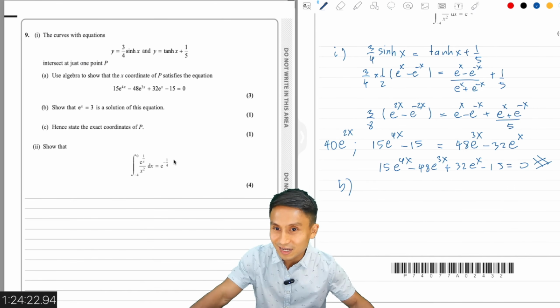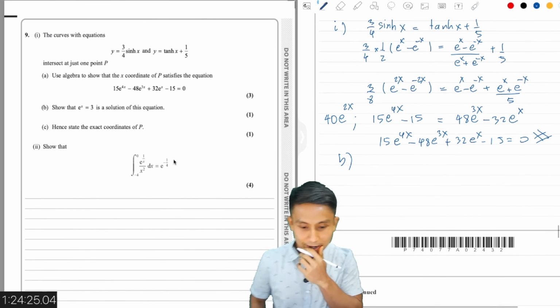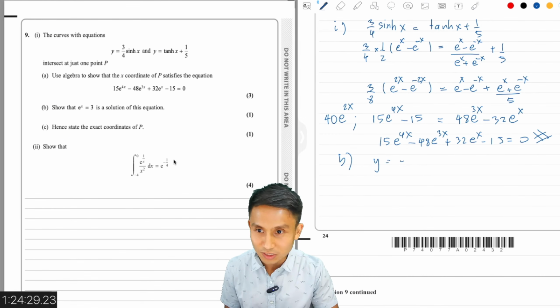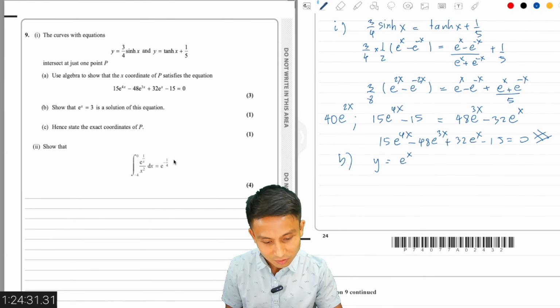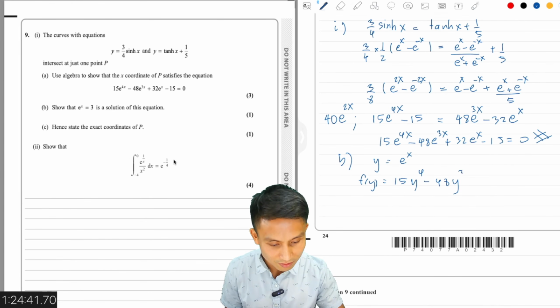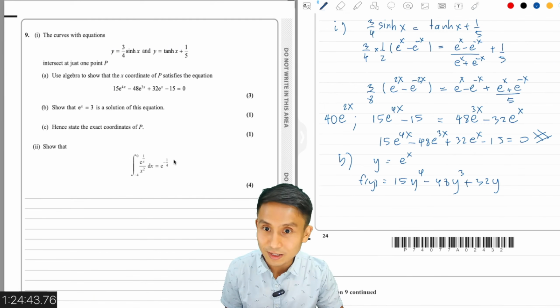Show that e^x equals 3 is a solution. Because this is basically, if we put y equals e^x, right? So I have here f(y) equals 15y^4 minus 48y^3 plus 32y minus 15.